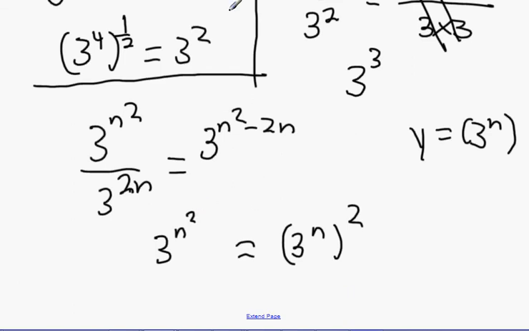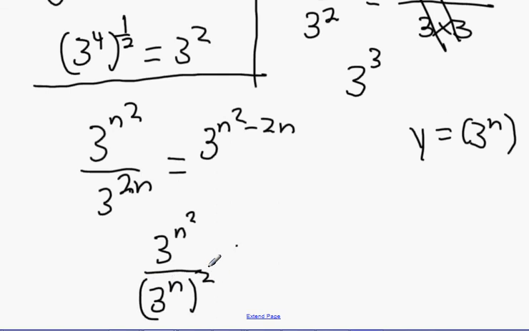You can do it to the bottom though, and say 3 to the power of n squared would be y squared on the bottom. But 3 to the power of n by 3 to the power of n is 3 to the power of 2n, not n multiplied by n. You're still stuck there. You can't separate 3 to the n on its own. Okay, so lads, that's explaining the difference between the two of them.